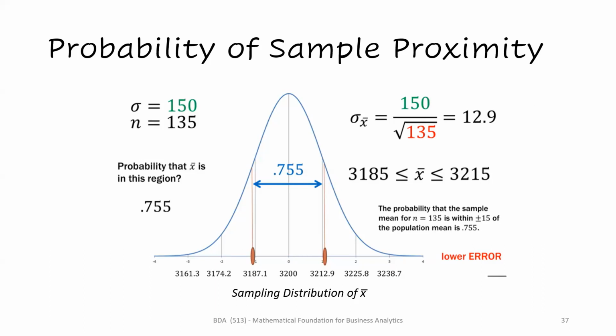What do you have at the numerator? The numerator is 15 for the upper. So 15 divided by 12.9. Okay. And I got 1.16.